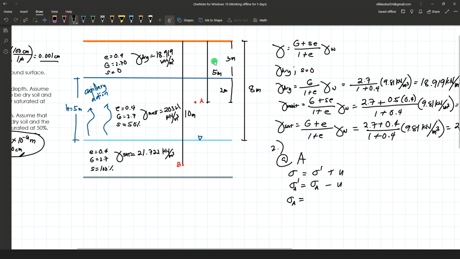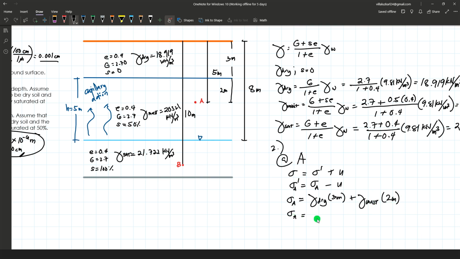So for the total stress at A, just add the product of the unit weight and the height. Let me rewrite that. Dry unit weight times 3 meters plus the unit weight here multiplied by 2, the moist times 2 meters.